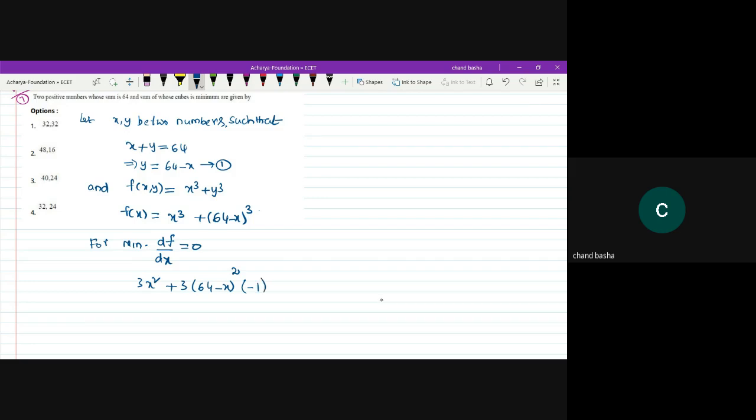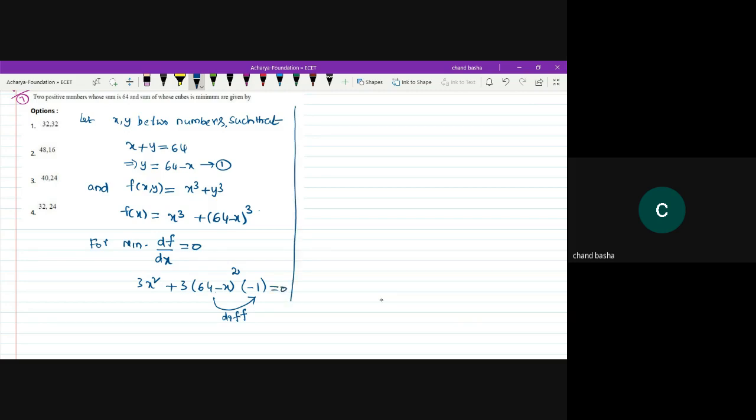Don't forget to differentiate it. First x cube gives 3x square, x power n means n into x power n minus 1. The differentiation of 64 minus x is minus 1, right? And is equal to 0.